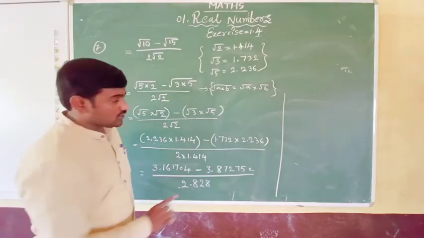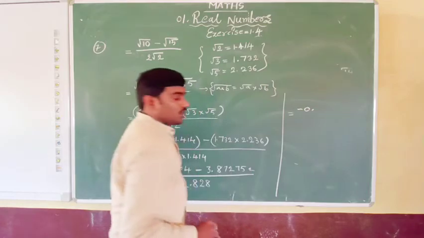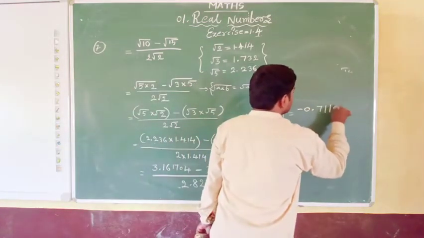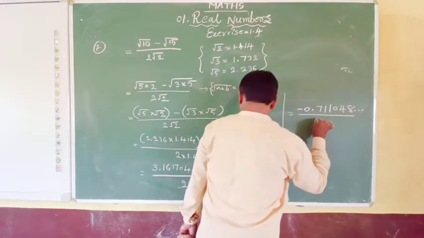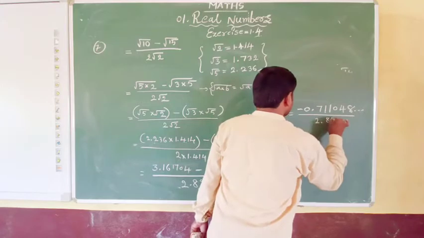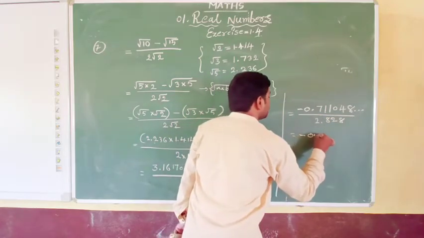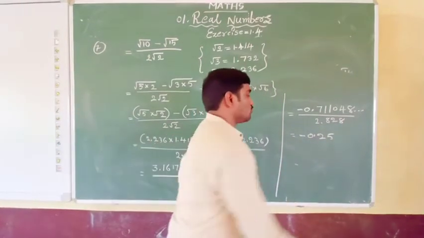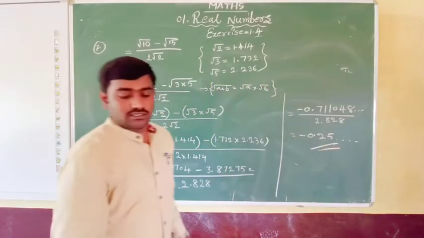If you subtract, you will get minus 0.711048 and so on, by 2.828. Divide both and exactly you will get minus 0.251, minus 0.25 and so on. This will be the answer here.